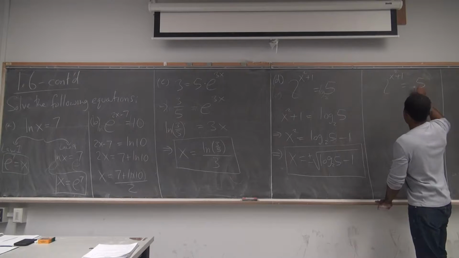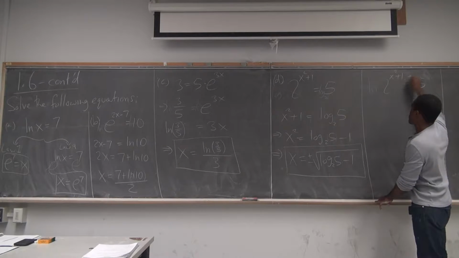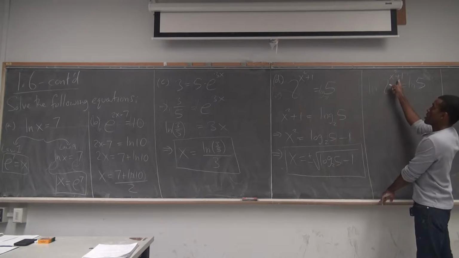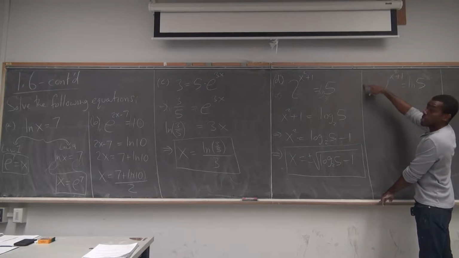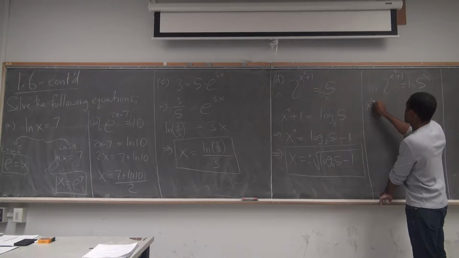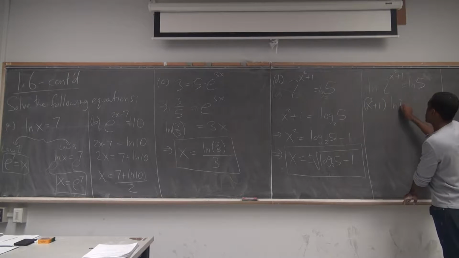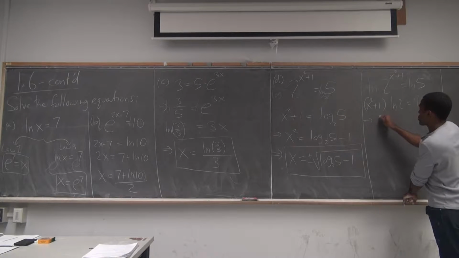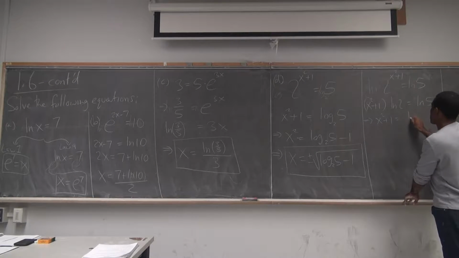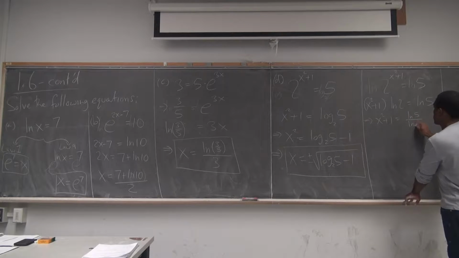But if you're doing this in your calculator, for example, you could have taken ln of both sides. Now there's a law that says I can bring this down. So that's x squared plus 1 times ln of 2 equals ln of 5. And I can say x squared plus 1 is equal to ln of 5 divided by ln of 2.